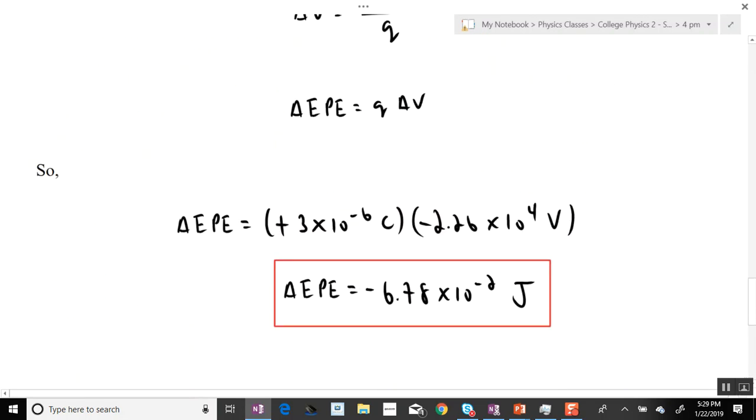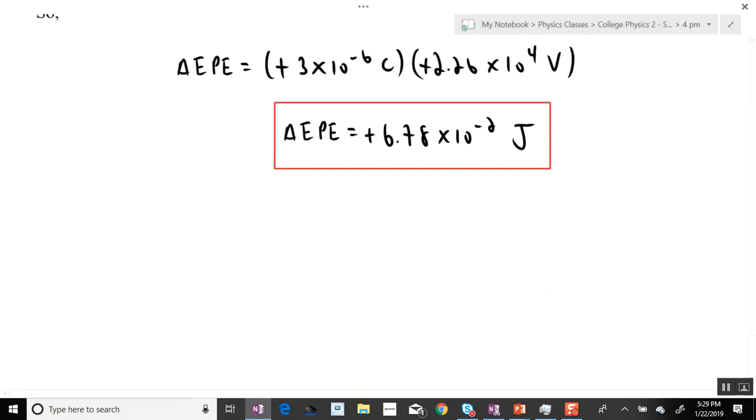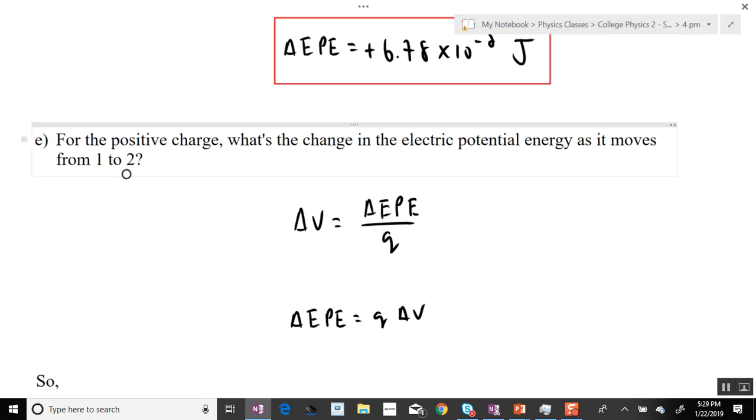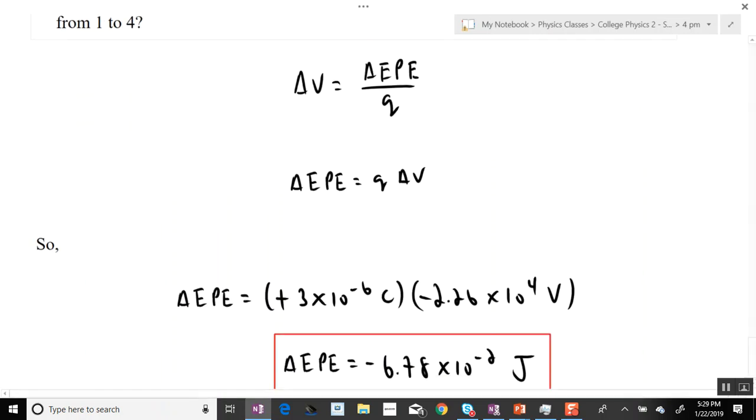Okay, so the last part is easy, probably the easiest one for the charge. So for the positive charge, what is this part? G. E, F, G, okay. So for 1 to 4, this is easy. What's the change in potential as it moves from 1 to 4? 0.